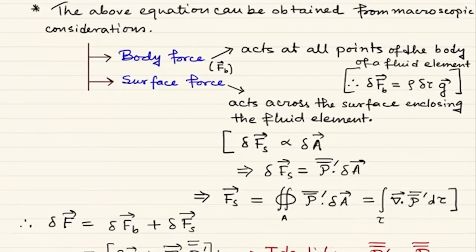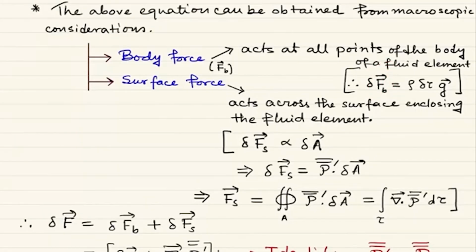Now, what is body force? Body force is something which acts at all points of the body of a fluid element. You see, we still use the notion of the fluid element. This is known as the body force, or the bulk force sometimes people say, given by F_B.